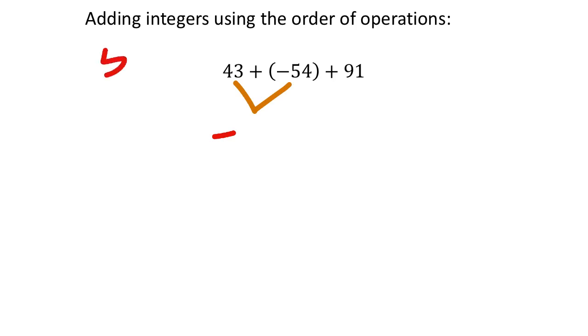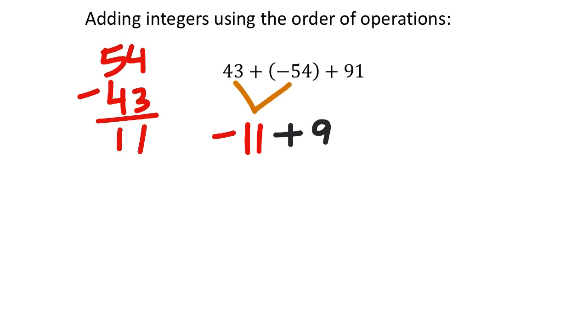Then I take the big number, 54, and subtract the small number, 43, which is 11. So 43 plus negative 54 is negative 11. Rewriting my new expression, negative 11 plus 91.